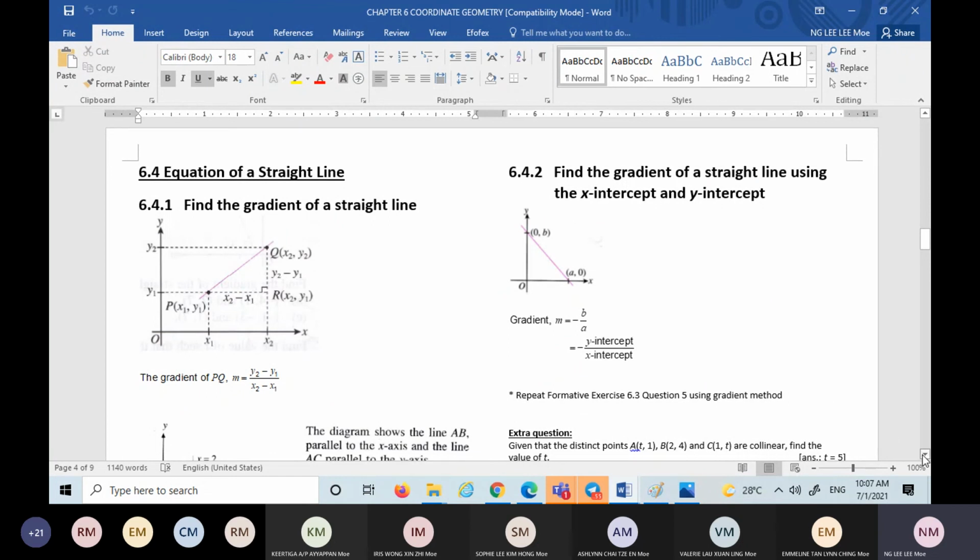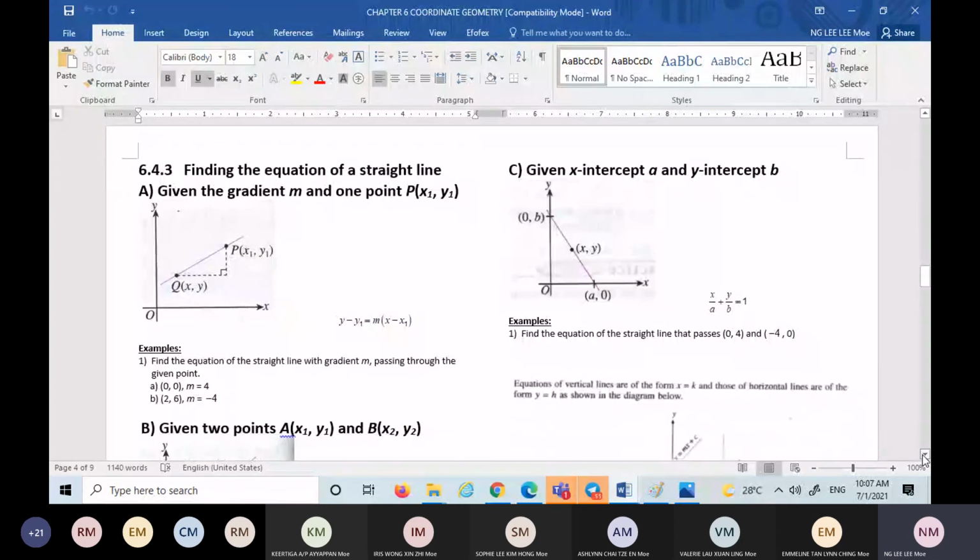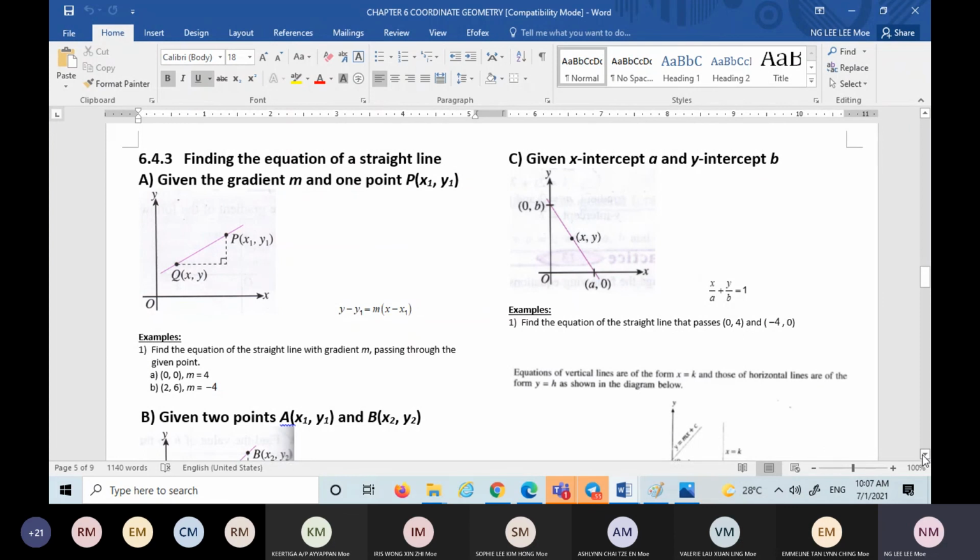This is second. Next is find the equation of straight line given gradient and a point. Second type, they give you 2 points. Third type, they give you x-intercept and the y-intercept.